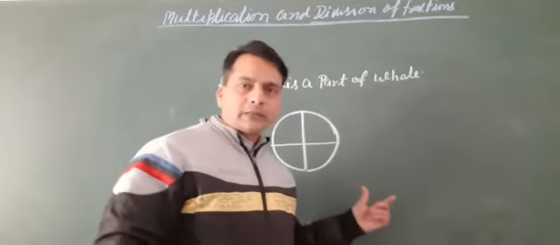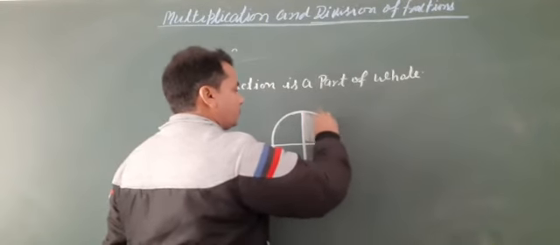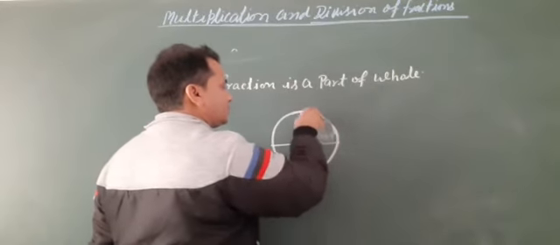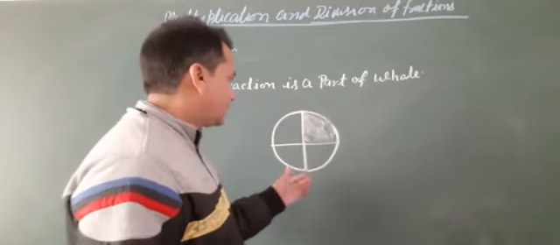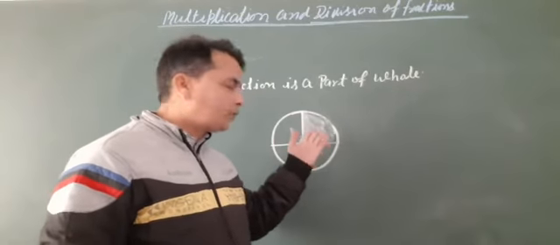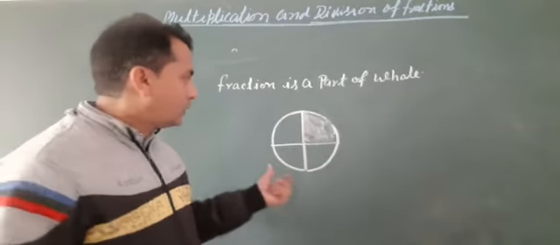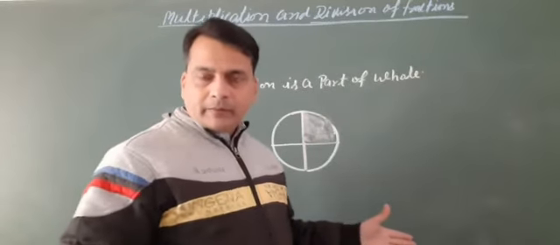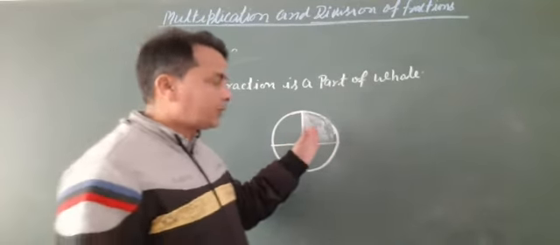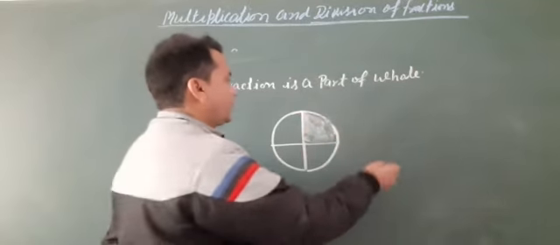If one part of the circle is shaded, write the fraction for the shaded part. According to the fraction, that is numerator and denominator, so we write the shaded part as a fraction.